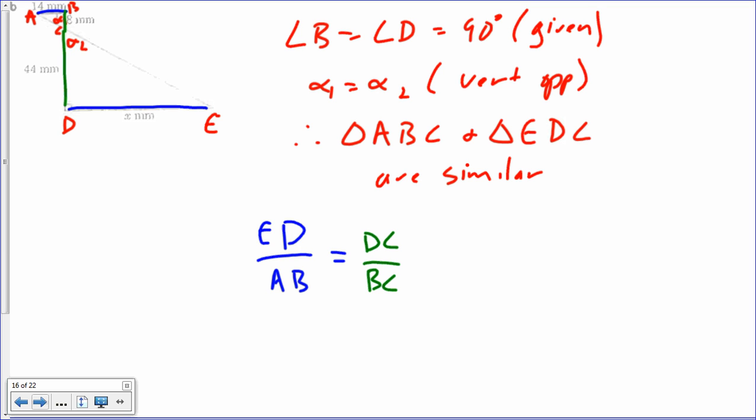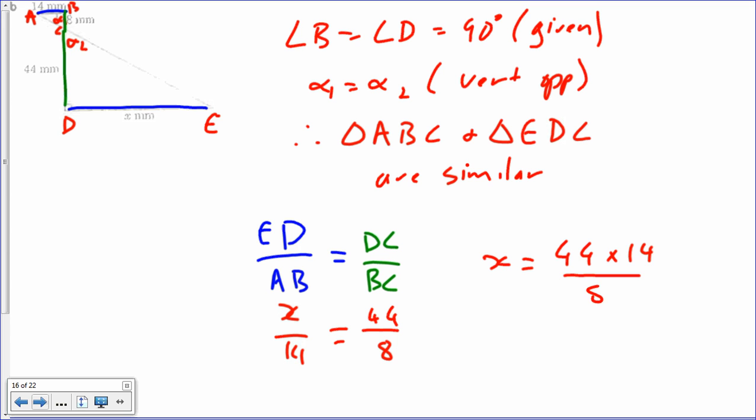Then we substitute in, that's X over 14 equals 44 over 8. So X equals 44 times 14 over 8, so X is going to be equal to 77. And the answer is in millimeters.